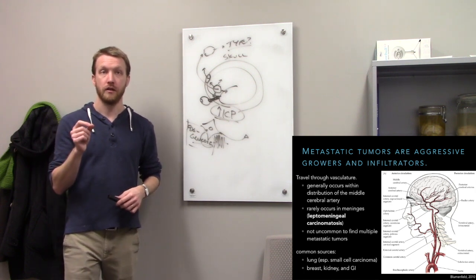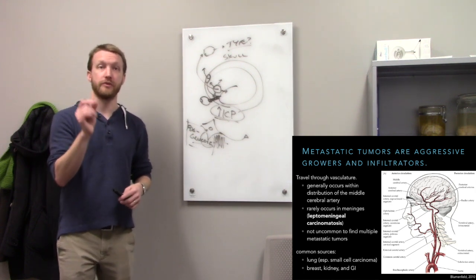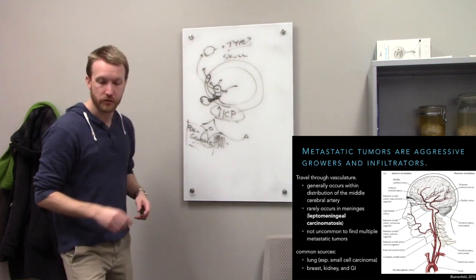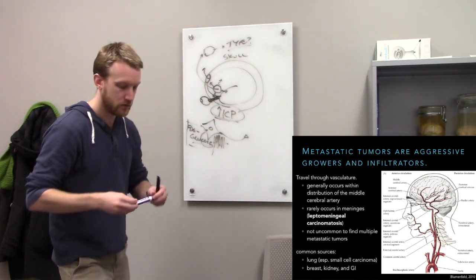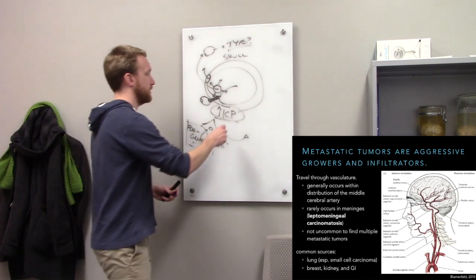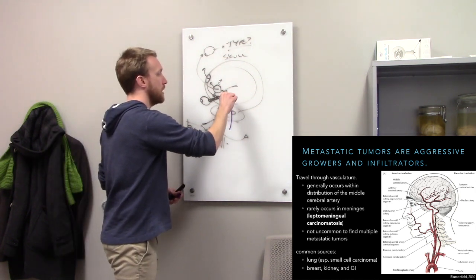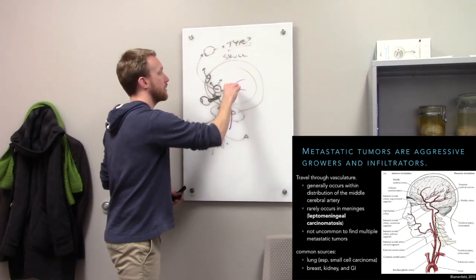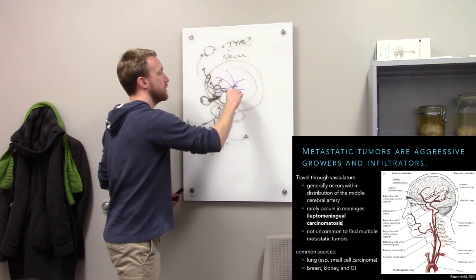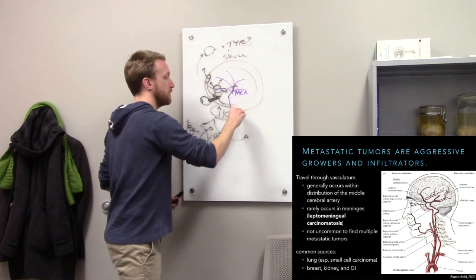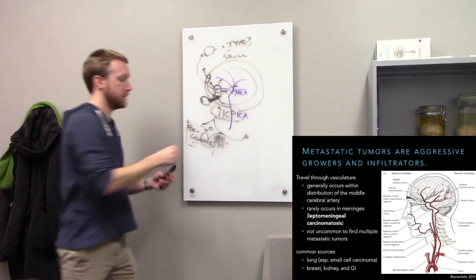Now, because of how the carotid artery continues with the middle cerebral artery, so those are essentially the same thing. So your internal carotid is going to come up, and it's going to continue along to form your middle cerebral artery. They're essentially continuous.